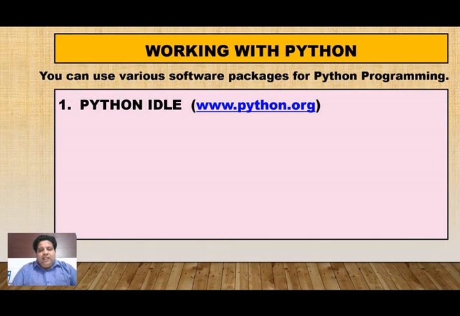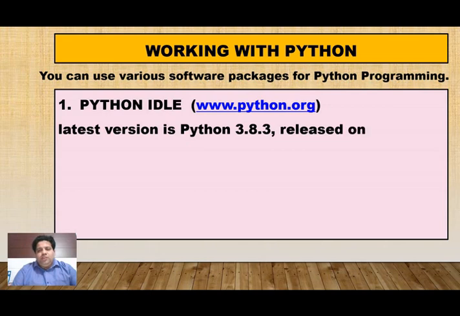Now Python IDLE, this software is simplest to use. So I recommend that in the initial phases of your Python programming you use this software. There are various versions available. The latest version you will get is 3.8.3, released on 13th May 2020.